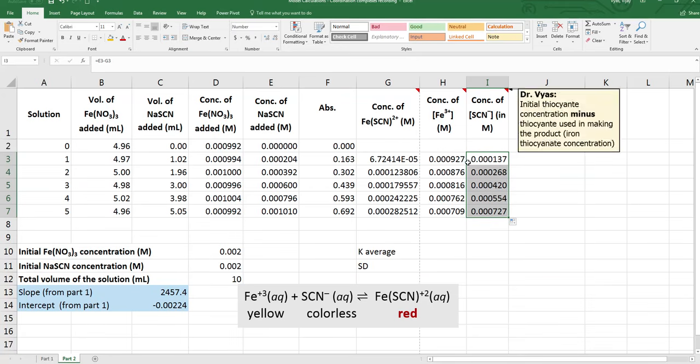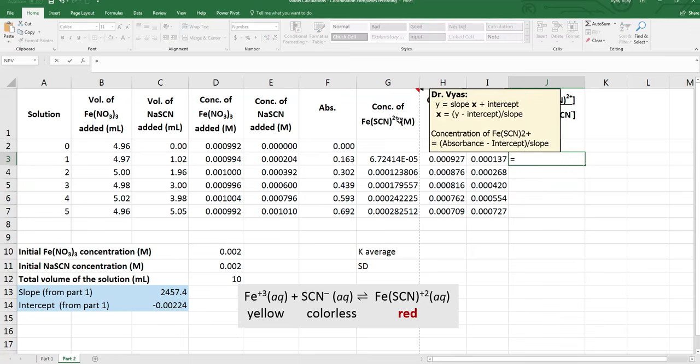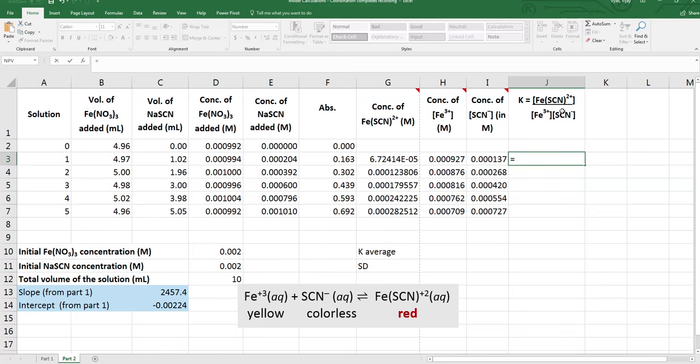All right, so now we have all three concentrations. We have concentration of iron thiocyanate, concentration of iron, and thiocyanate. So to get your equilibrium constant equal to iron thiocyanate concentration is that one divided by this times this.